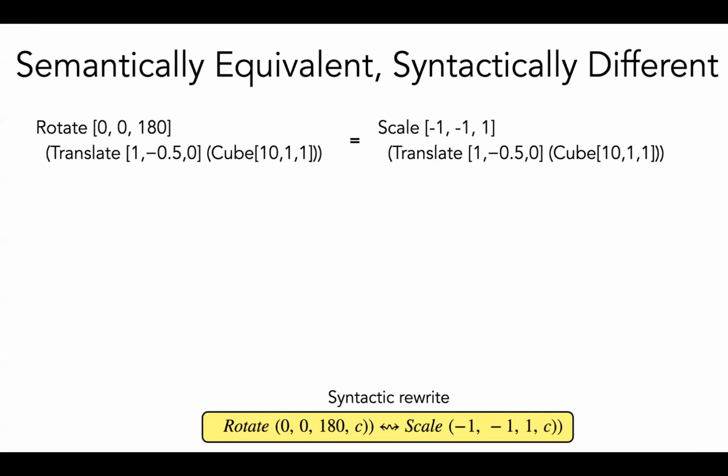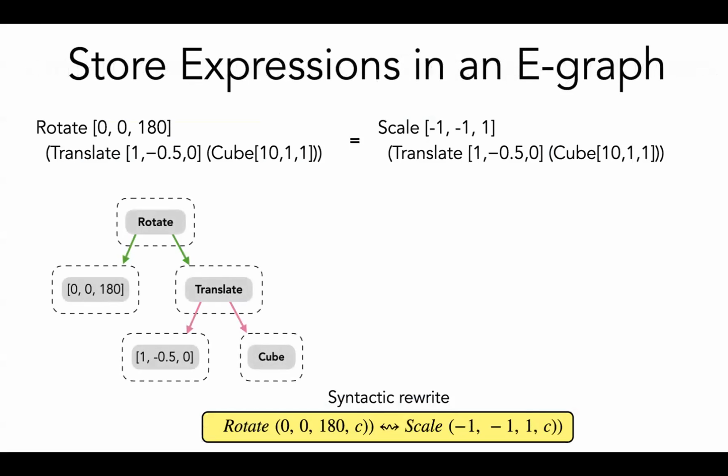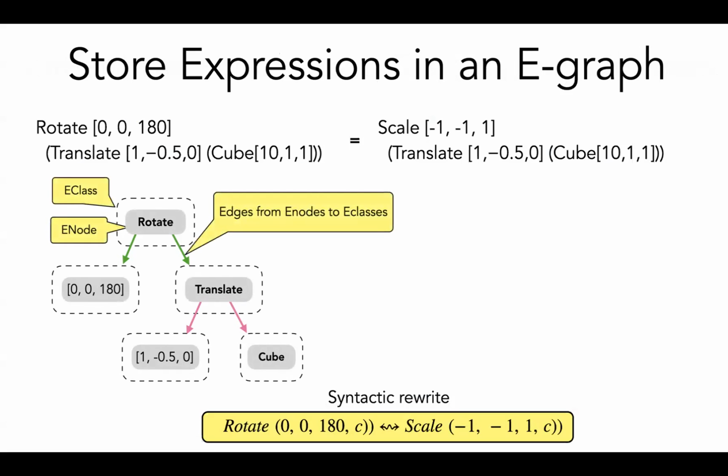In particular, what we want to do is be able to find these equivalencies so we don't treat programs that are really equivalent as different. So the way this works, if we represent the program on the left as an egraph, we have a few things here. We have these E-classes. Those are the lightly dashed boxes. E-classes contain E-nodes, and each E-node represents some operator. What's important about E-nodes is that the child of the operator is not to other E-nodes.